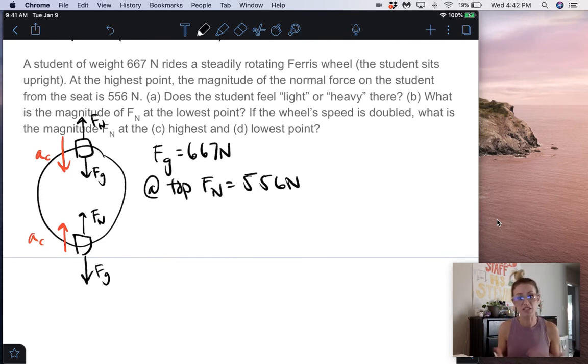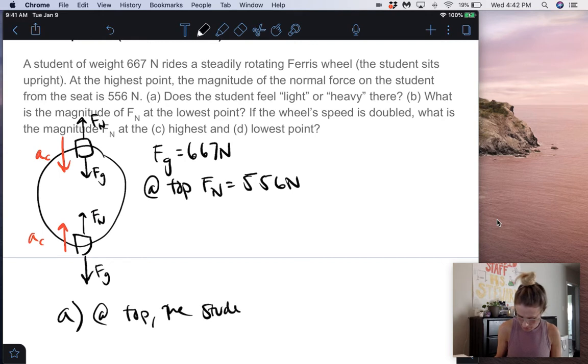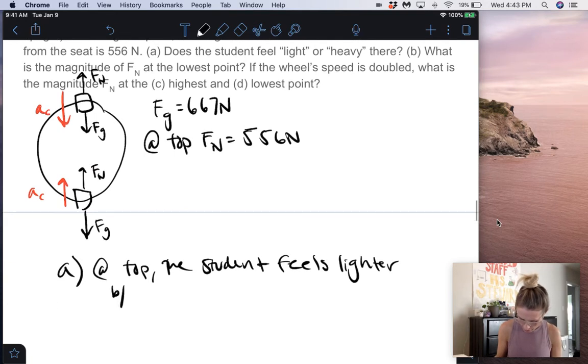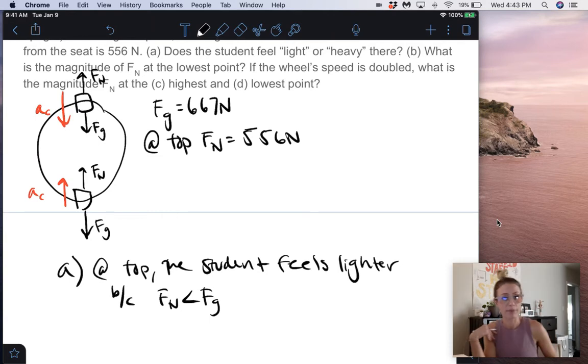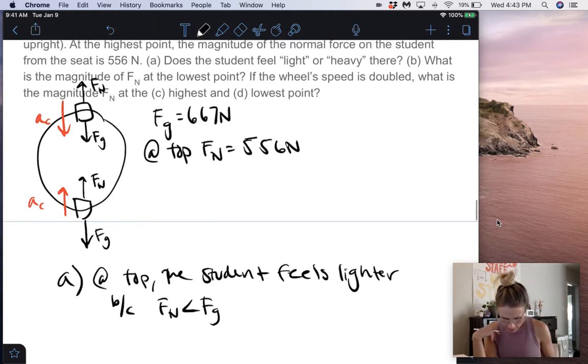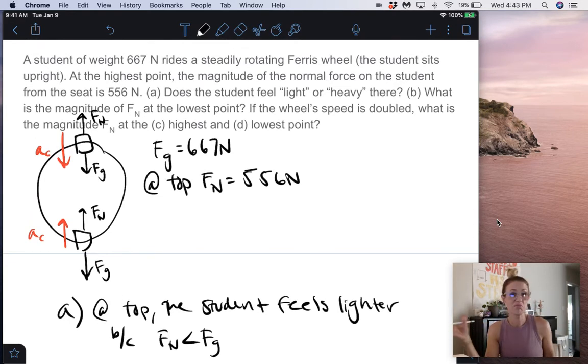Since the normal force is smaller than the force of gravity, that means that for part A, at the top, the student feels lighter because the normal force is less than the force of gravity. Okay, that's all they wanted to know for part A, which makes it easy.